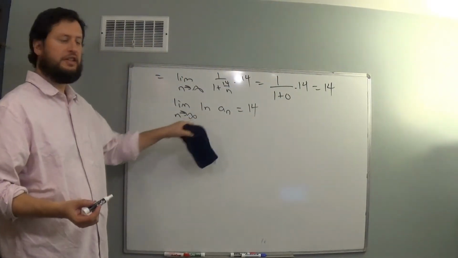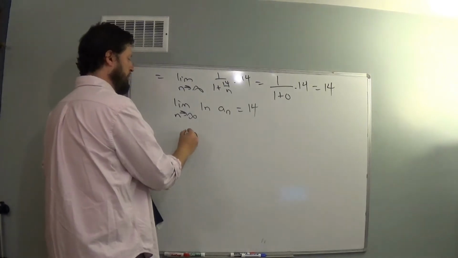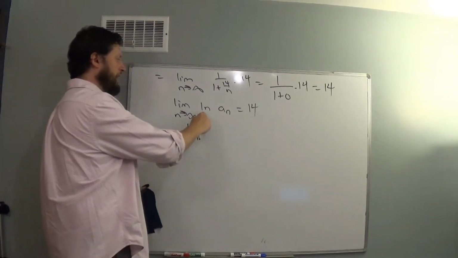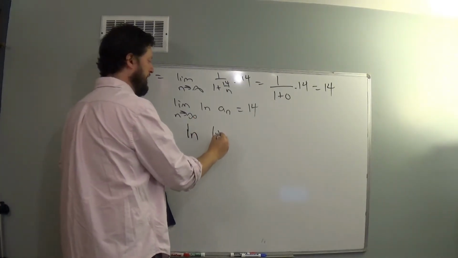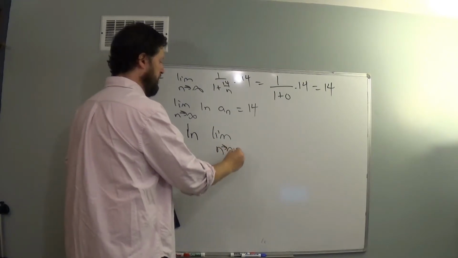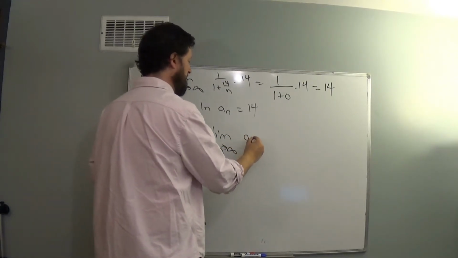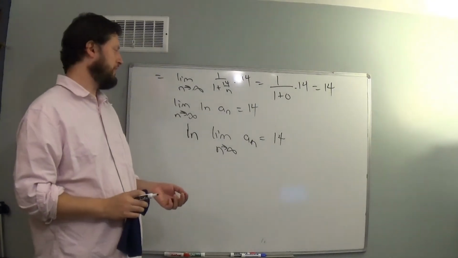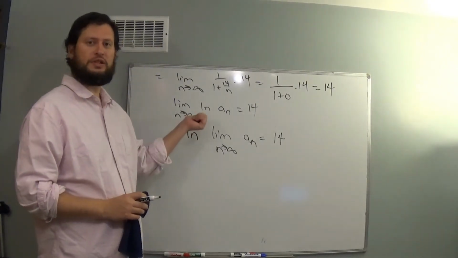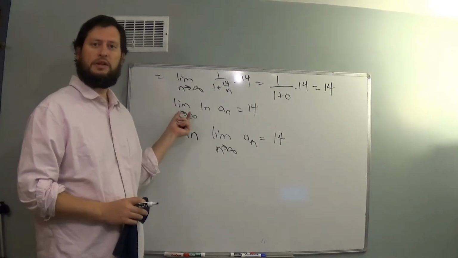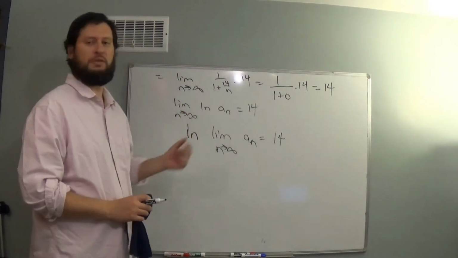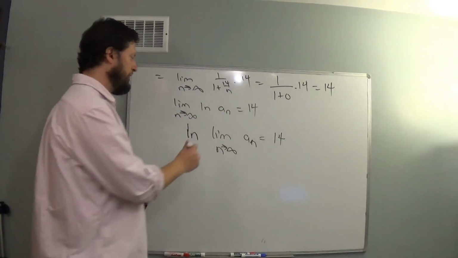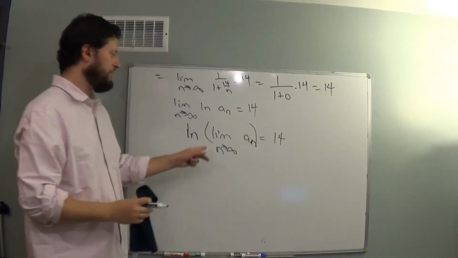Because natural log is a continuous function, this is really the powerful step here. I can actually bring natural log outside of the limit. I'm not going to go through all of the details of that, but this is essentially the definition of continuous. A function is continuous if and only if the limit of the function is the same as the function of the limit.